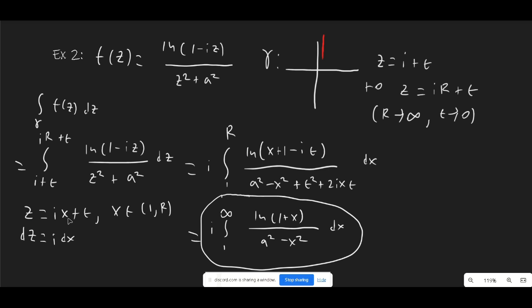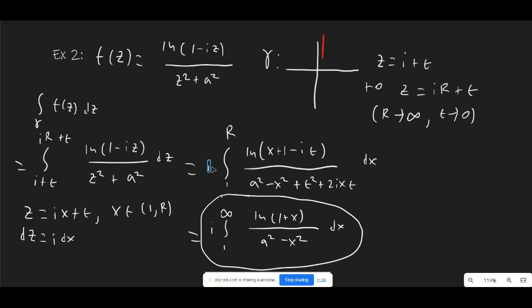Now if you were able to figure that out, you would have found that z equals ix plus epsilon, where x is going to go between 1 and r. And the reason we're making this substitution is, as you can see, we have i plus epsilon, ir plus epsilon. That's i times some number plus epsilon, where that number is real, right? So that's the substitution we're going to make.